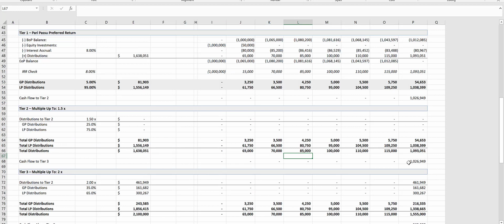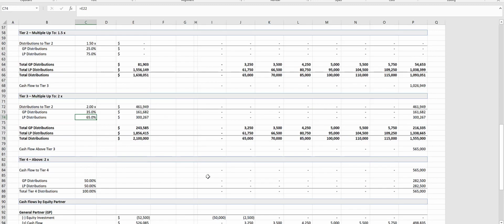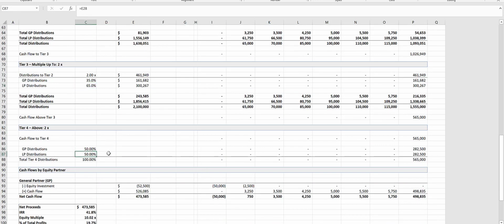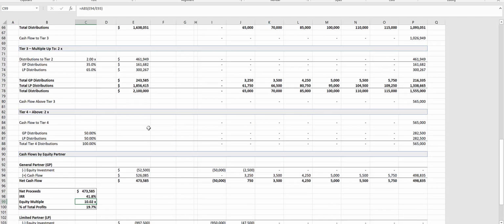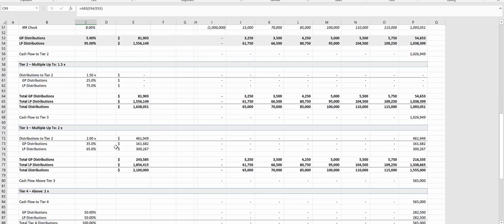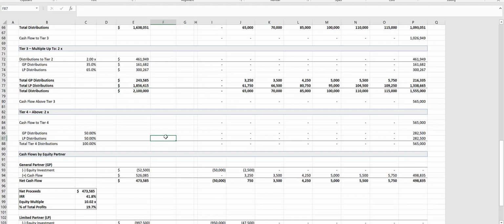So that means everything's flowing to tier 3, in which it's distributed as such up until 2x, 3565, and then everything above that is distributed 50-50. So the general partner in this instance will receive a much higher share of the profits, closer to 20% and a 10x multiple. This is because the splits are higher in tiers 3 and tiers 4, so they're getting a greater percentage of the total deal.